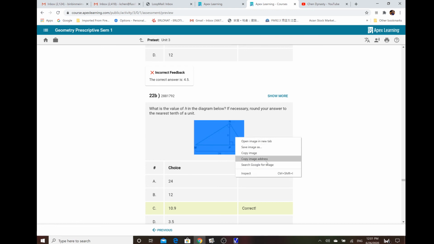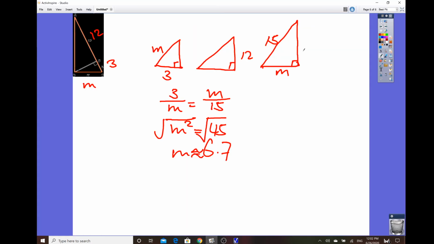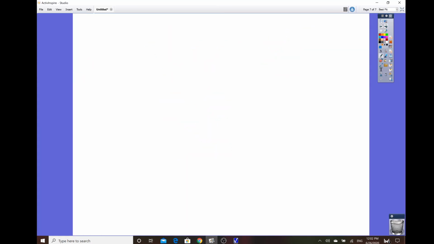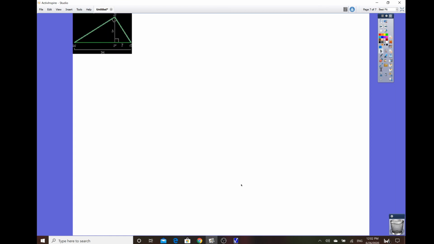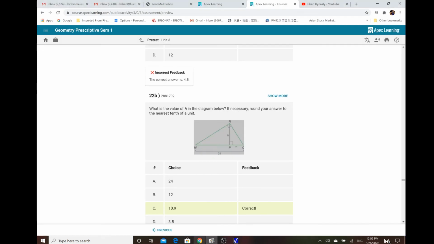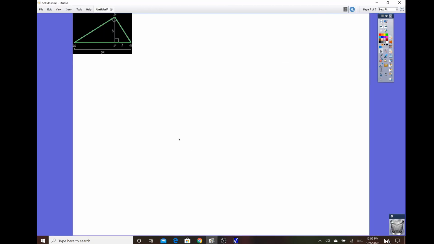Okay, so once again, copy and paste. Making sure that we're getting the right number. So we got 7, 24 for the whole bottom base here, and then the height, h. Let me just resketch this or label it.